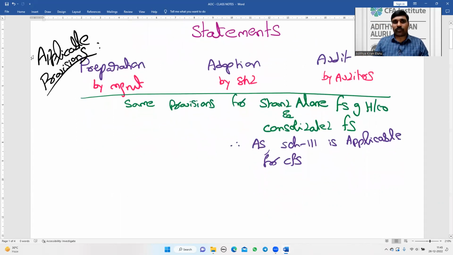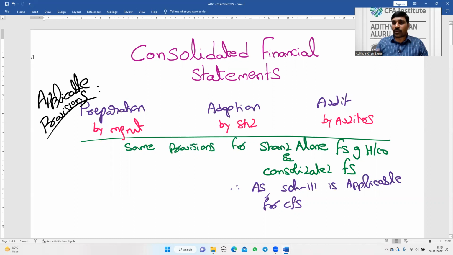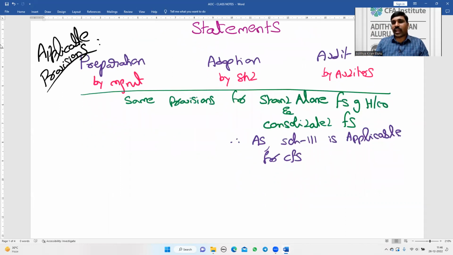Accounting standards as well as Schedule 3 are applicable.